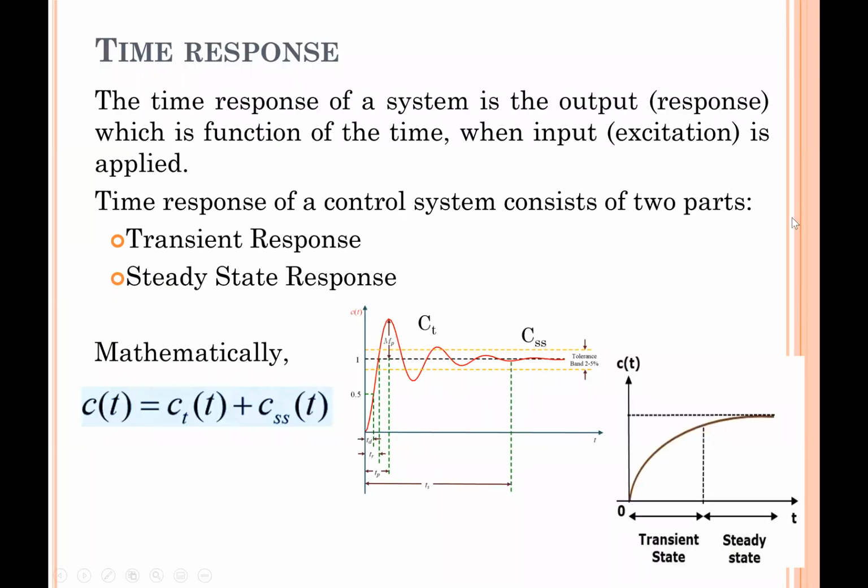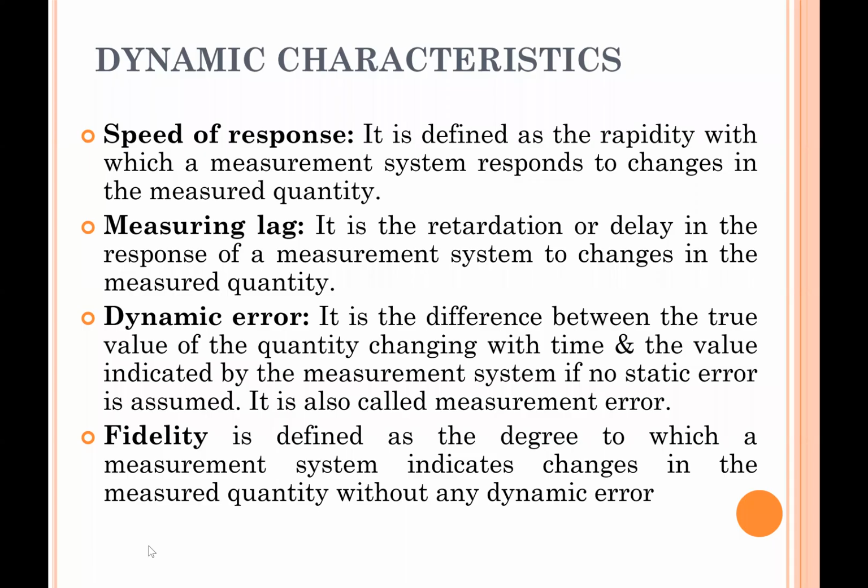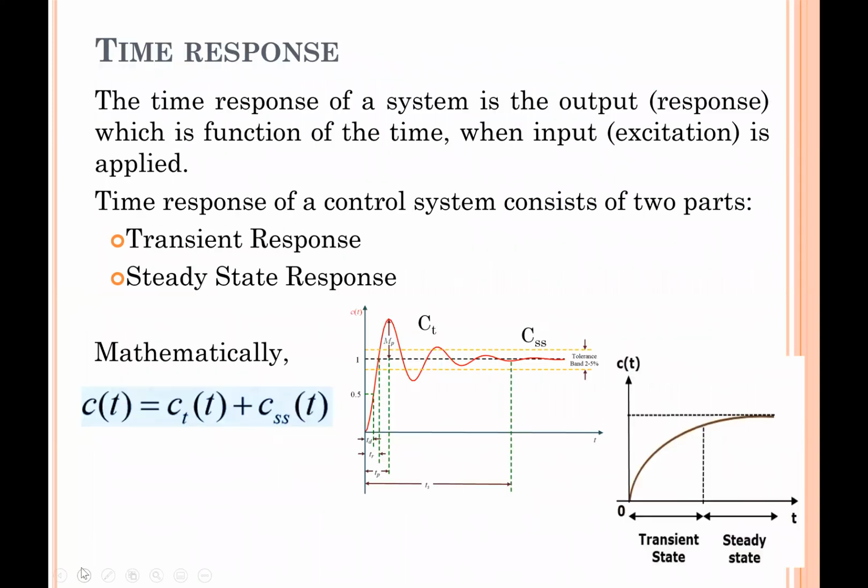Now, there is an important thing that we need to study, which is called time response. So next important thing that we need to understand while designing any system, because all these things we are talking about, we are talking about the complete system.